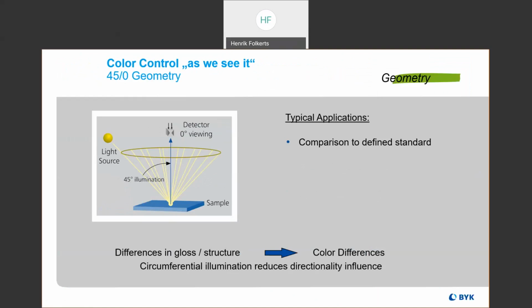So the light is shining on the sample at a 45-degree angle off the normal. But as you can see from this graphic here, it's not just coming from one direction. It's coming from all around. And so it's all hitting it at a 45-degree angle in a cone of light. And that's what we're calling circumferential illumination.